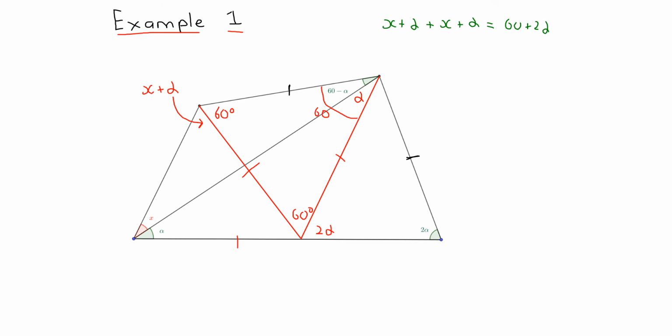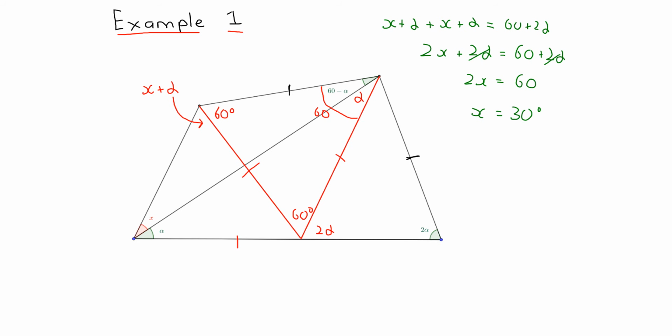I hope you can see why. This plus this is this. There's that exterior angle. So now I know 2x plus 2 alpha equals 60 plus 2 alpha. Cancel our 2 alphas, and I've got 2x equals 60 and x equals 30 degrees, and I'm done.